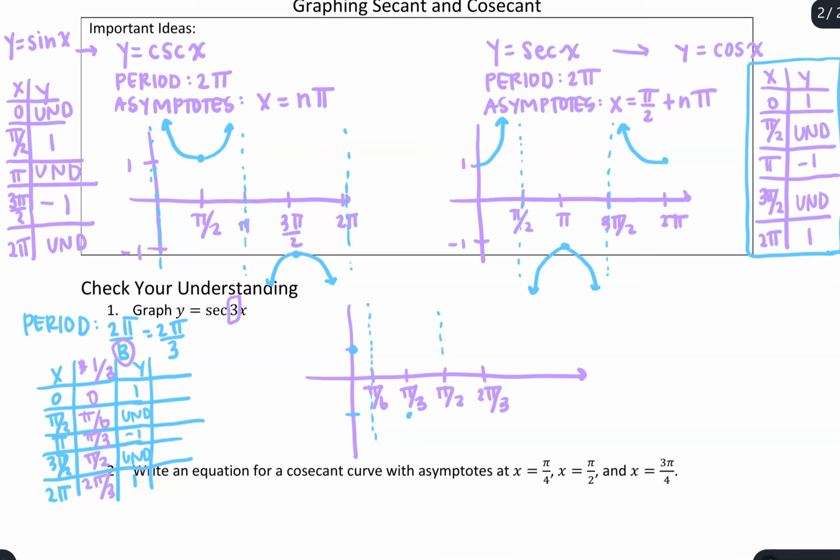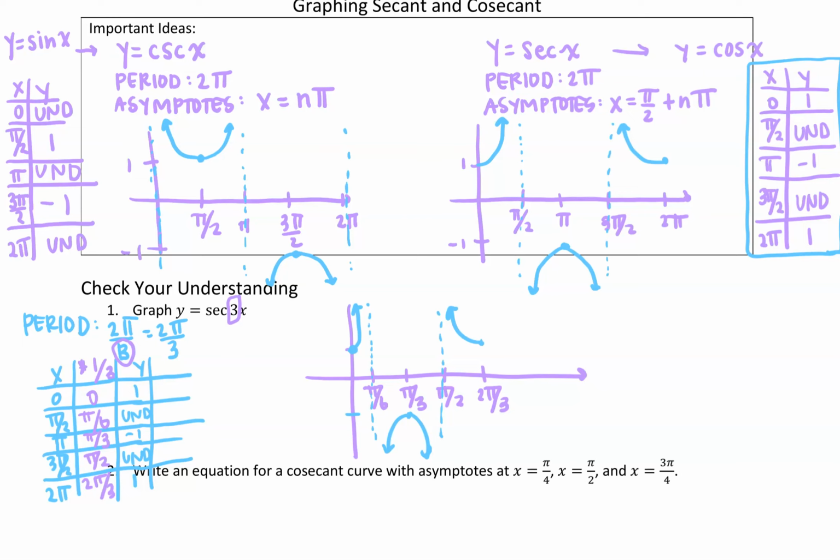At pi over 2, I'm going to be undefined. And then at 2 pi over 3, I'm going to be up at +1. So my graph is going to open up, open down, and then open up. And like I said, I did not do very good scrunching it, but it is going to be scrunched inside there.